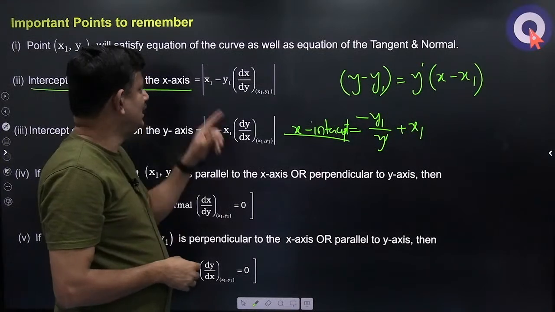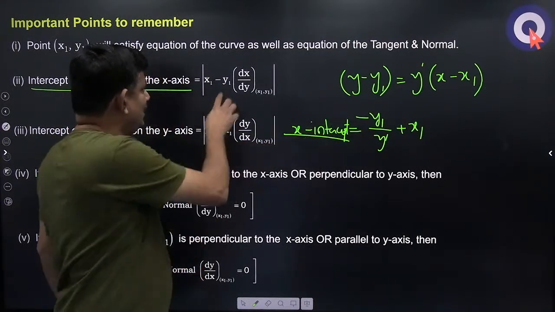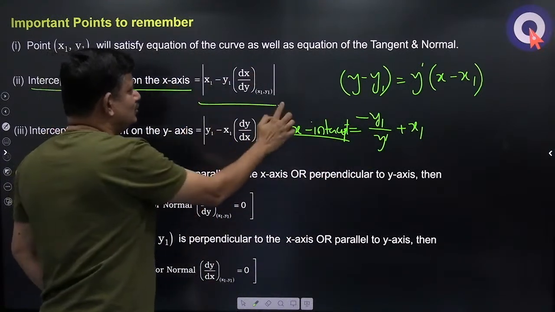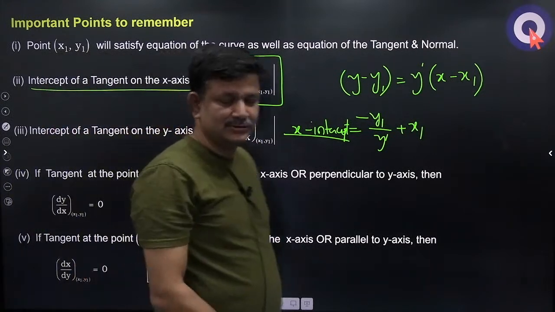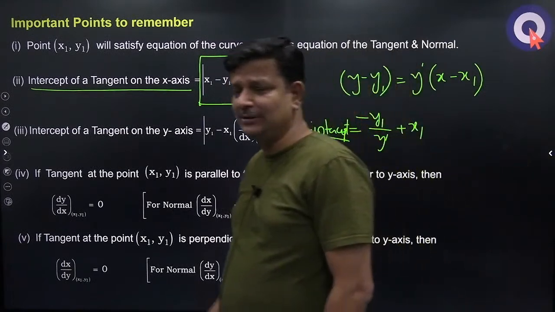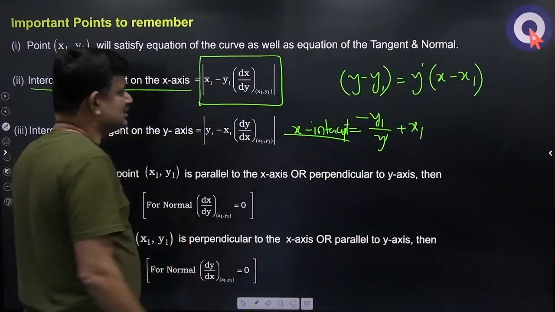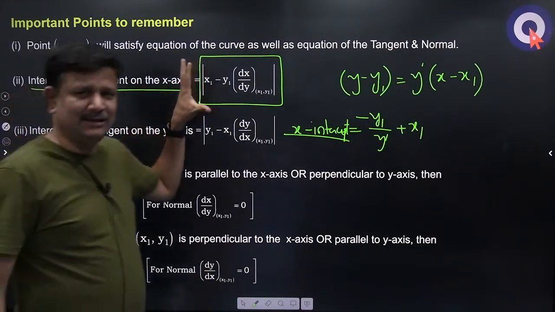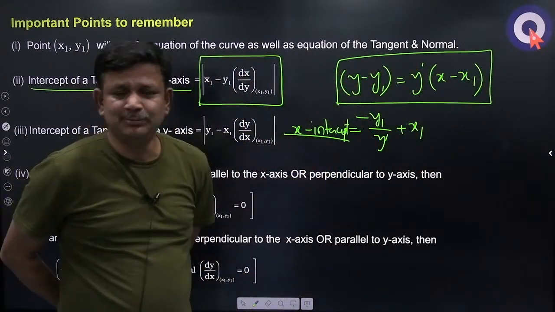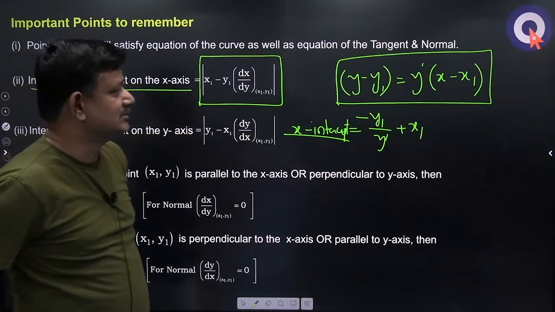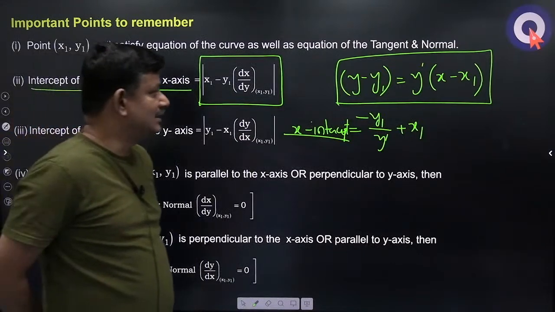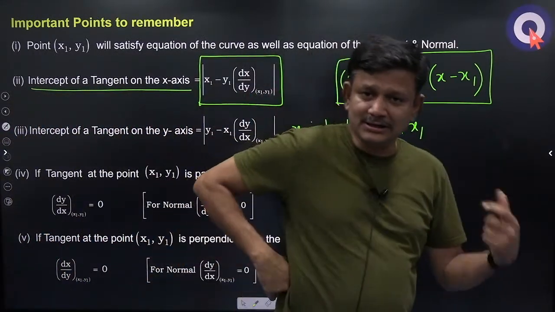So the x intercept is x1 minus y1 into 1 by y dash, and y dash is nothing but dy by dx, so the x intercept will be the modulus of x1 minus y1 dx by dy if you want the absolute value. If you don't remember it, it's not necessary; just use the tangent equation. For the x intercept, put y equal to 0; for the y intercept, put x equal to 0, and calculate the y coordinate.